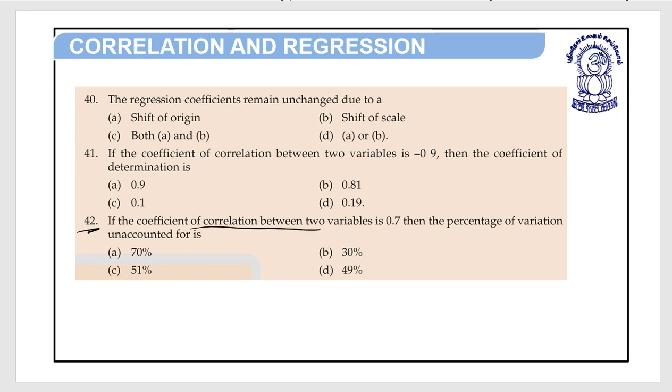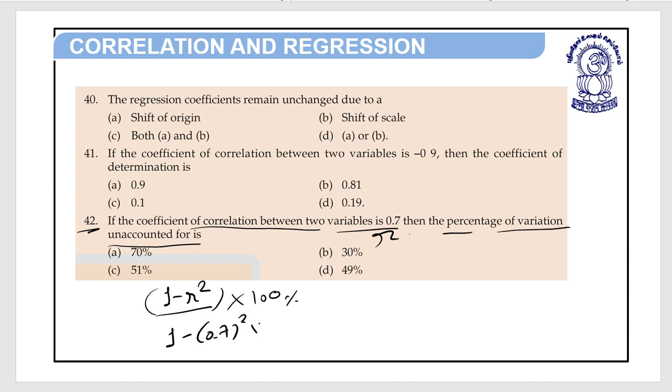If the coefficient of correlation between two variables is 0.7, R is 0.7, what is the percentage of variation unaccounted for? Unaccounted means 1 minus R square. In terms of percentage, multiply with 100. So 1 minus 0.7 square into 100.